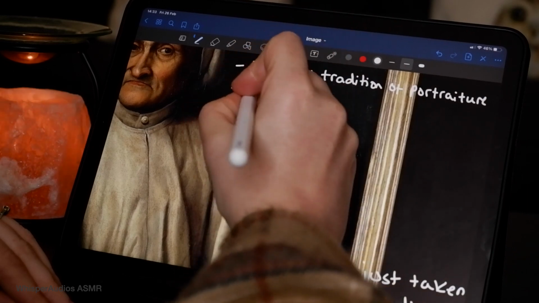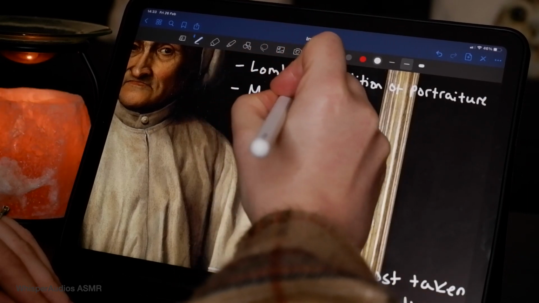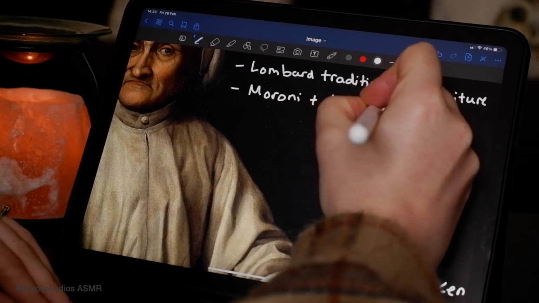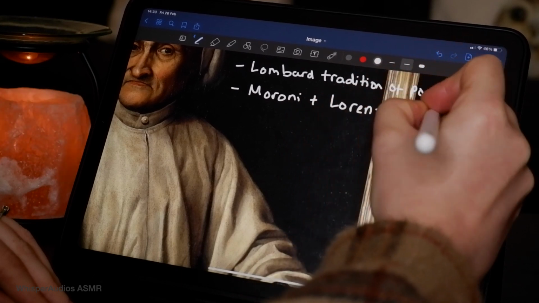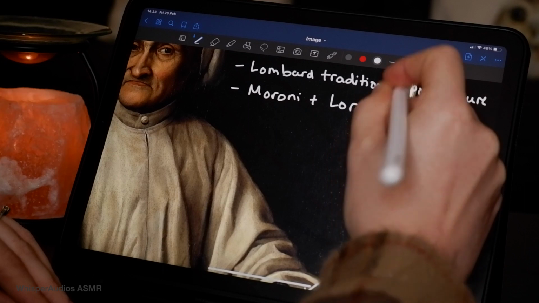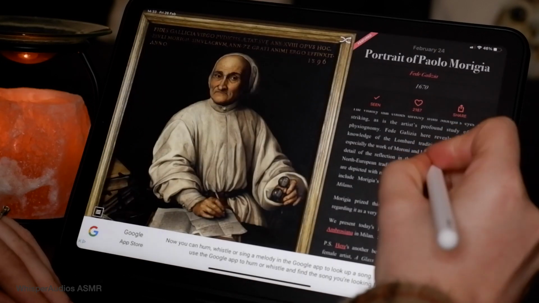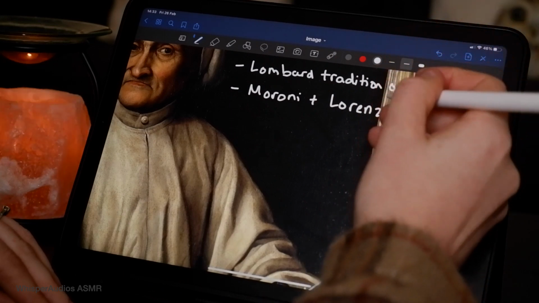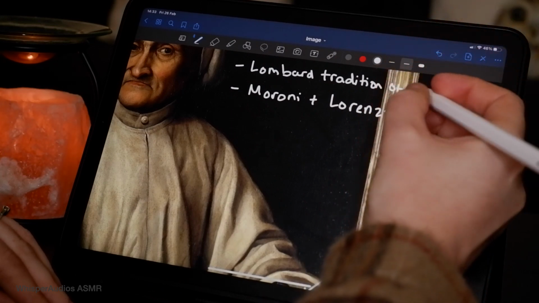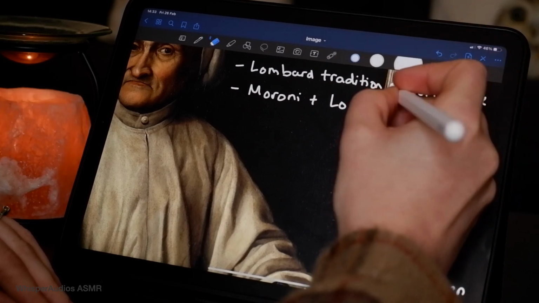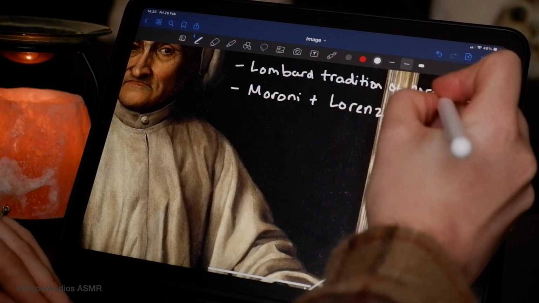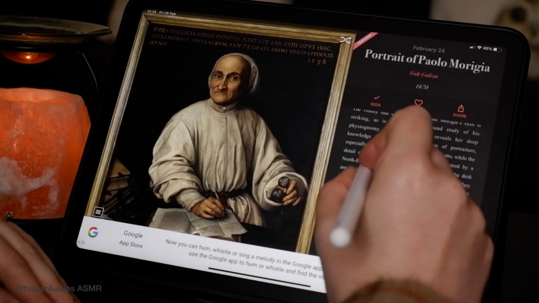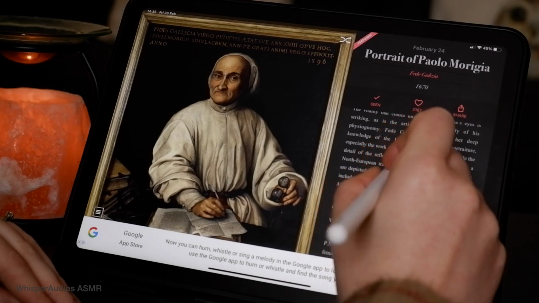So, Moroni and Lorenzo Lotto. And what else is there?